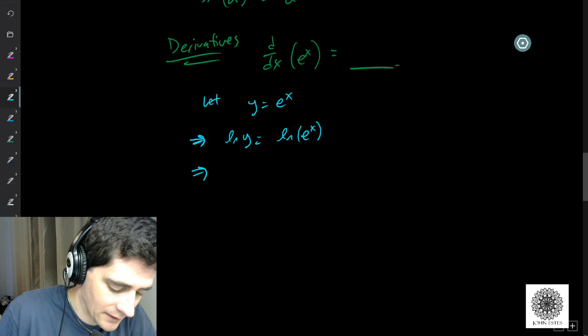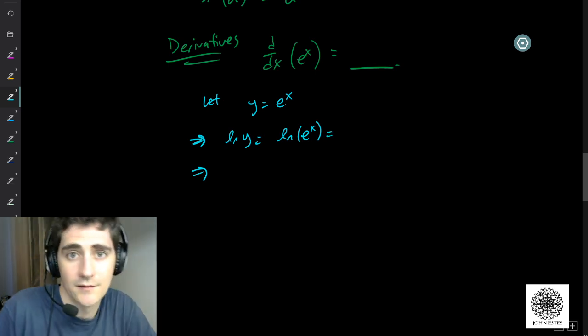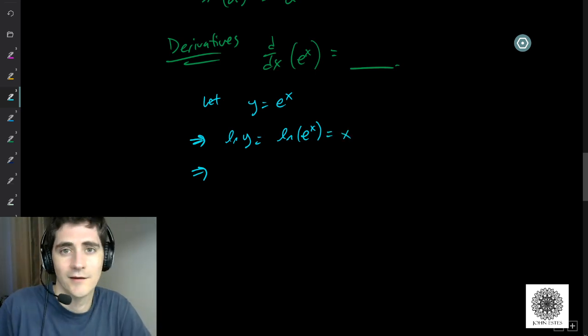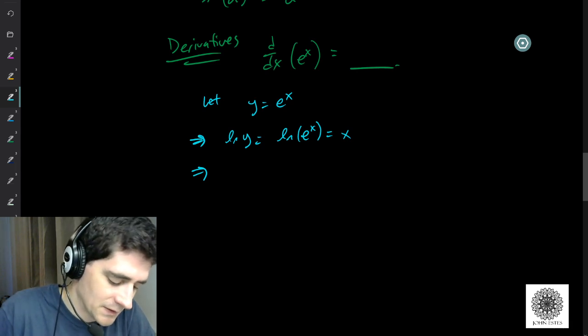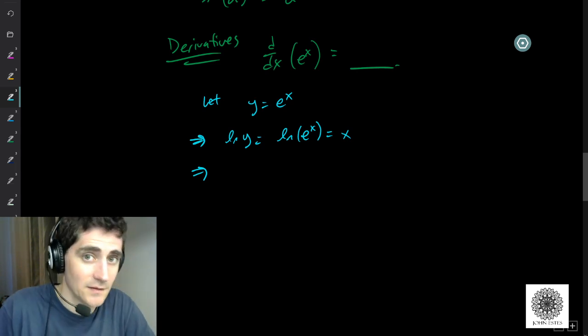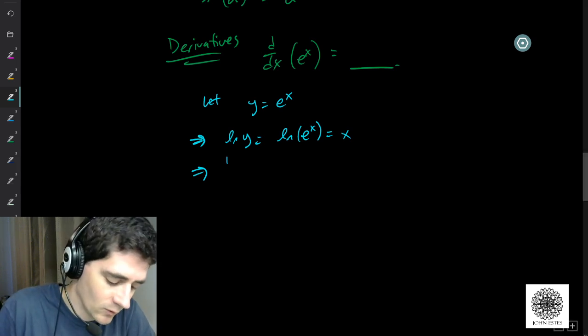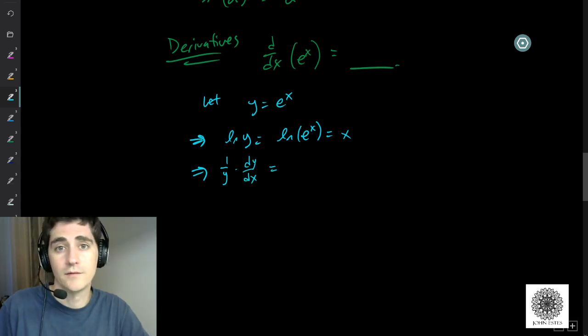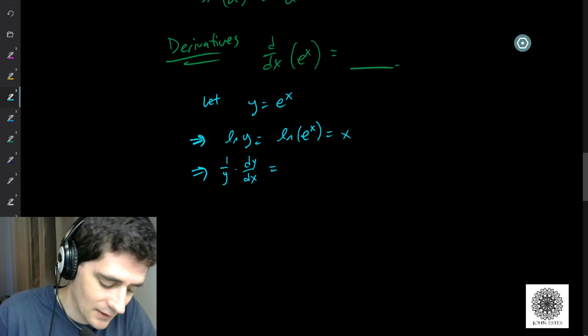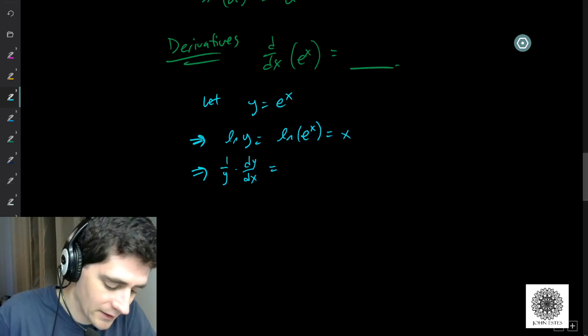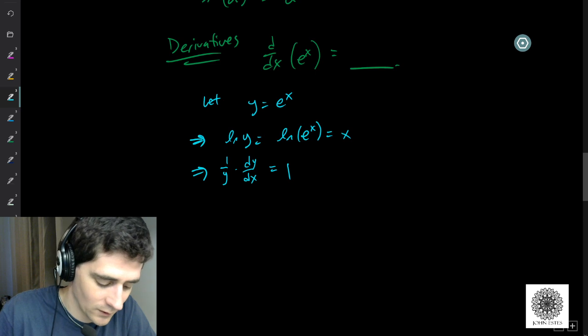Okay, and if I do that, ln e to the x, remember, is just simply x, right? Now when I take the derivative, implicit differentiation, the derivative of ln y is going to be 1 over y times dy dx, which is what we're looking for. The derivative of x with respect to x is simply 1.